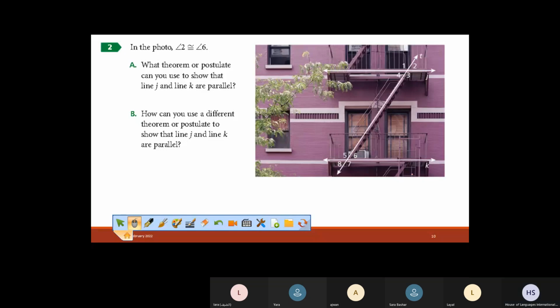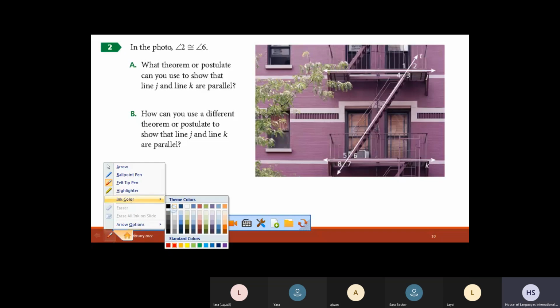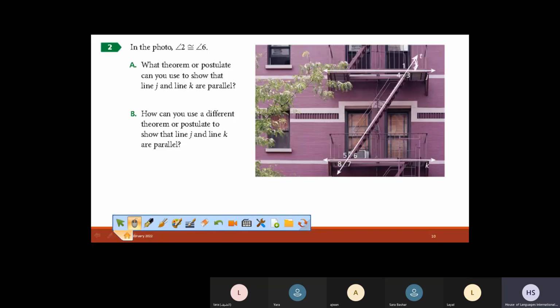Page 87. What theorem or postulate can you use to show that line J and K are parallel? Here is J and here is K. Mayar told us that angle 2 and angle 6 are congruent.